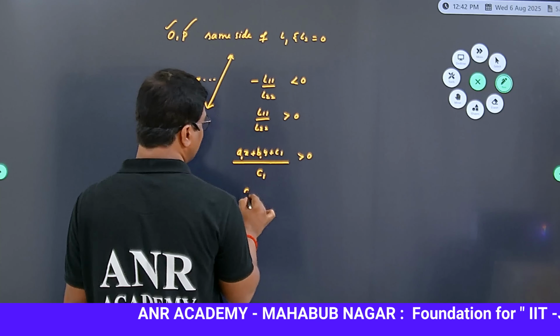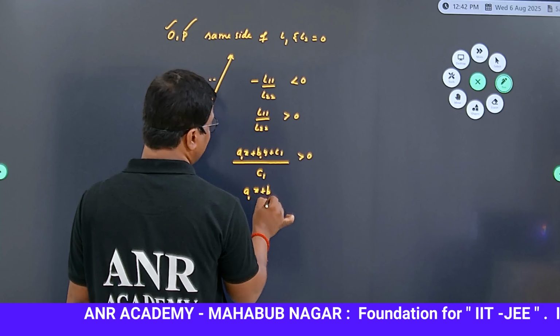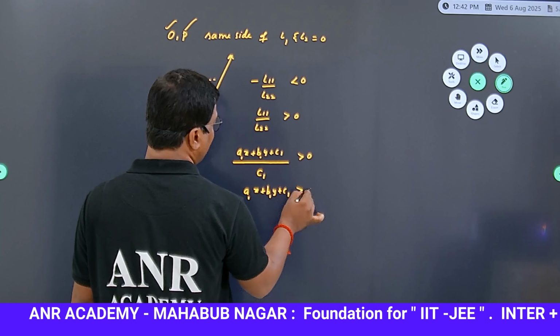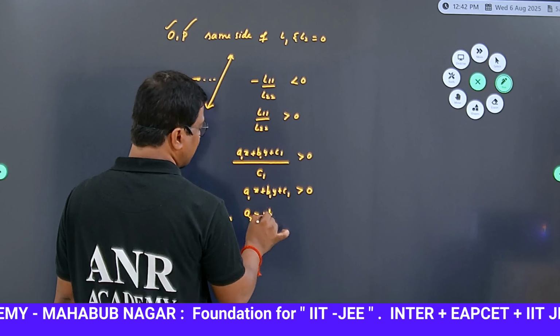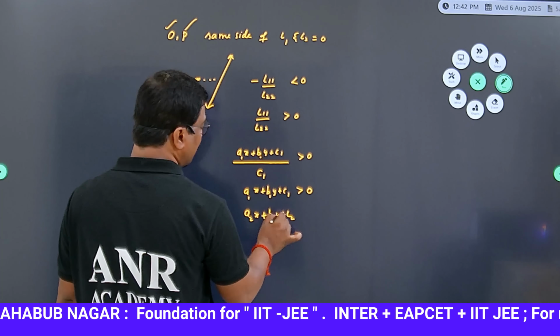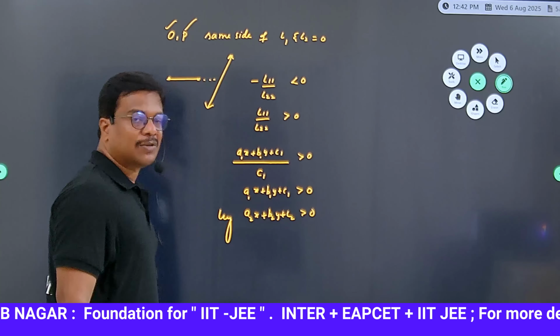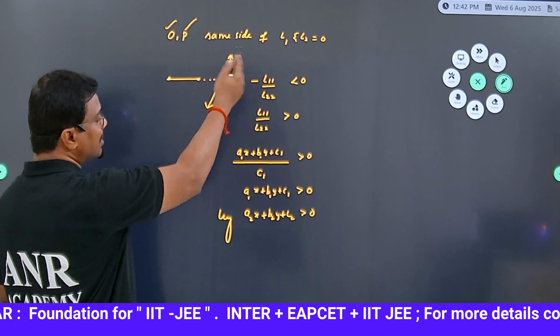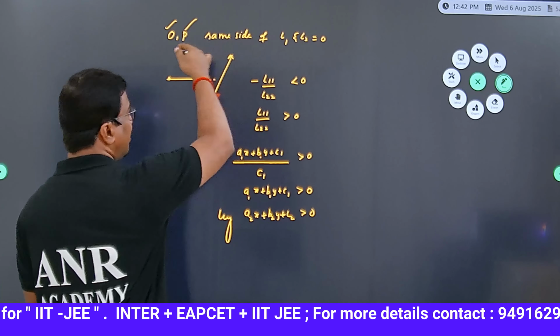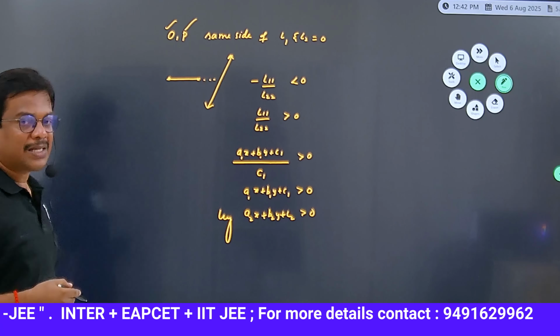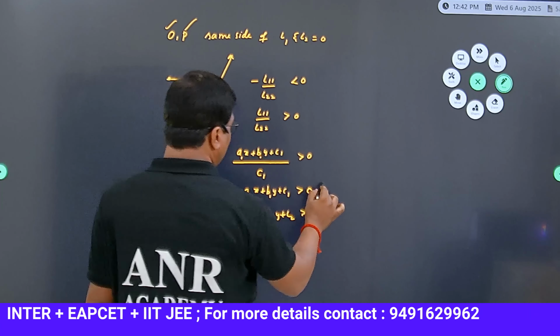C1 is already positive, so A1x plus B1y plus C1 is more than 0. Similarly, A2x plus B2y plus C2 is also more than 0. Why? Because in both cases, for the first line and the second line, the points O and P are on the same side. Therefore, the same result we get.